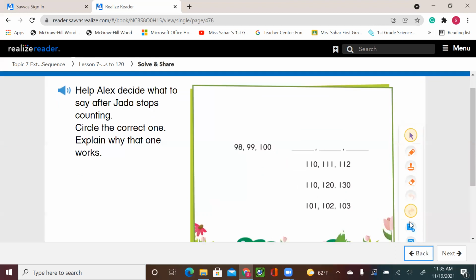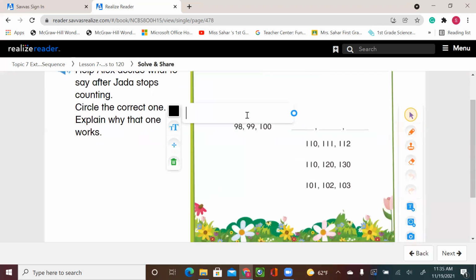So let's write this down. 101, 102, and 103. Put it here. And so on. So 98, 99, 100, 101, 102, 103.